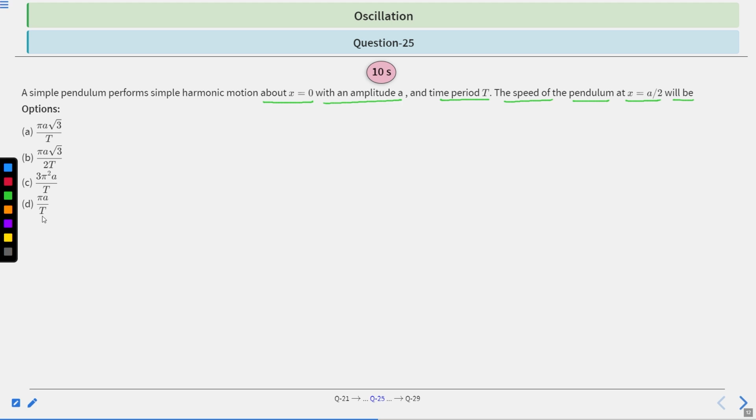Option A is pi A root 3 divided by T. Option B, pi A root 3 divided by 2T. Option C, 3 pi square A divided by T. And option D, pi A divided by T. So which option is correct? Clear? You have 10 seconds to solve this question. After 10 seconds, we will provide the solution.